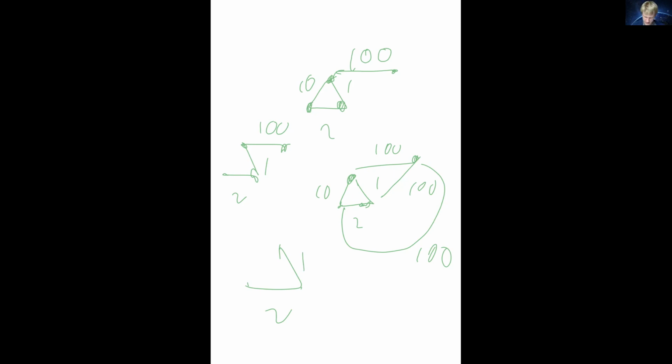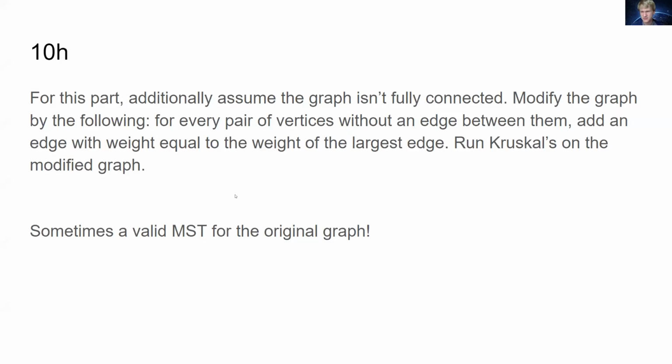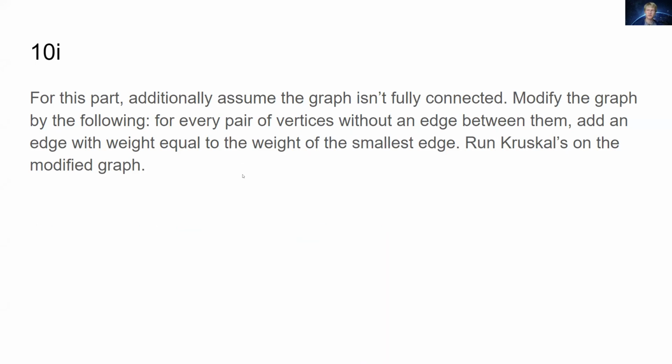We'll just have one of these other edges, and those edges literally don't exist in the original graph, so they can't be a valid MST for it. So in other words, we conclude that H sometimes is a valid MST, but it doesn't have to be in certain cases.